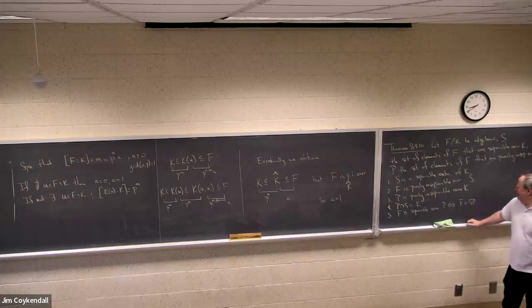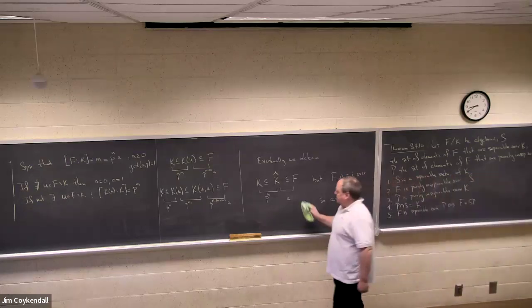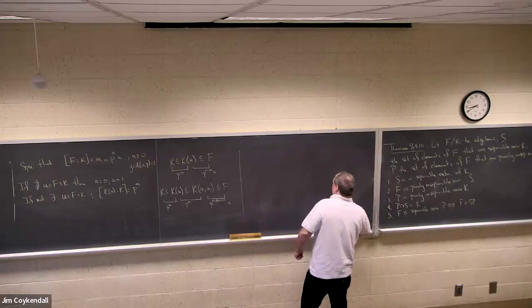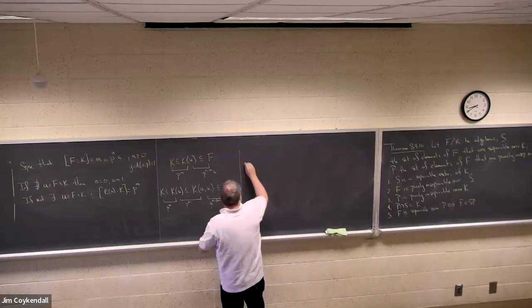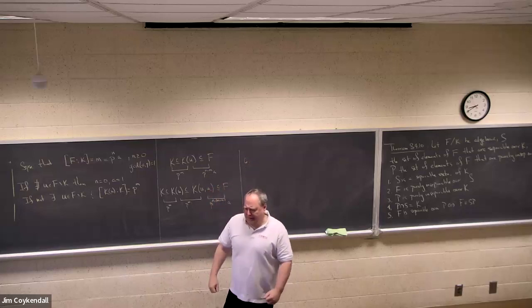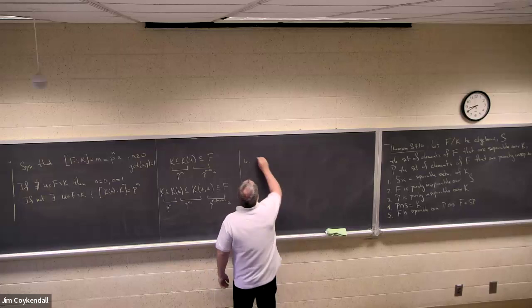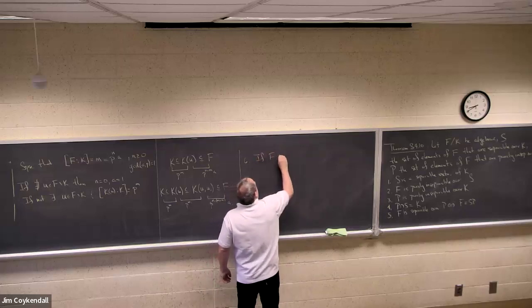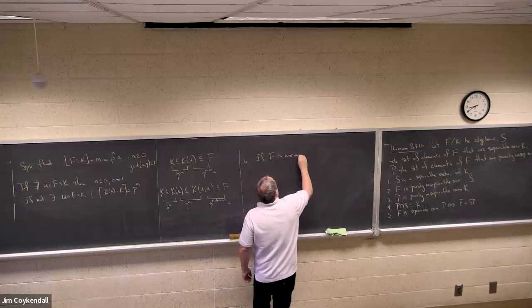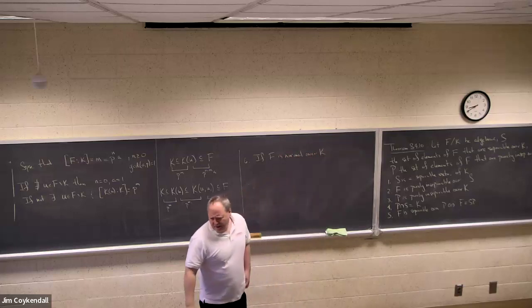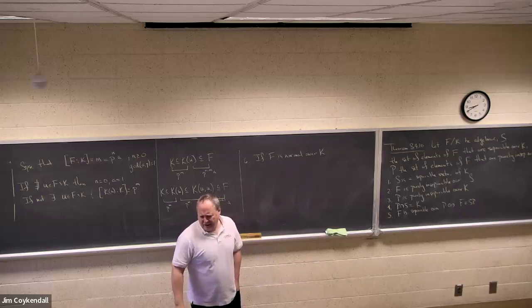And if F is too big, if it's actually bigger than SP, then it's not separable. And finally, the sixth: if F is normal over K, then S is Galois over K.